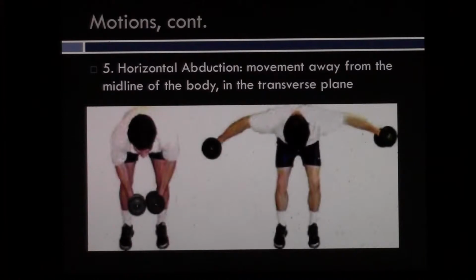Exactly the same thing as doing a reverse fly, except maybe your elbows are a little bent. An example would be opening your arms straight out back. That's movement away from the midline of the body, because you started right at the midline, with your hands touching in front of you, and then you open them up. Okay.